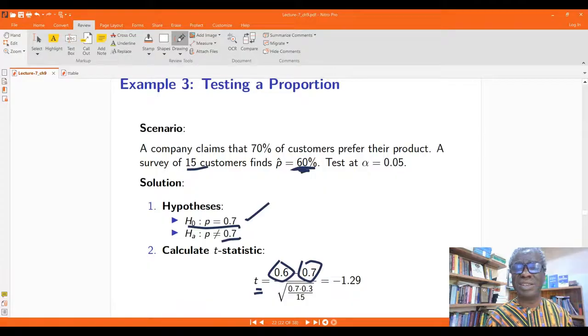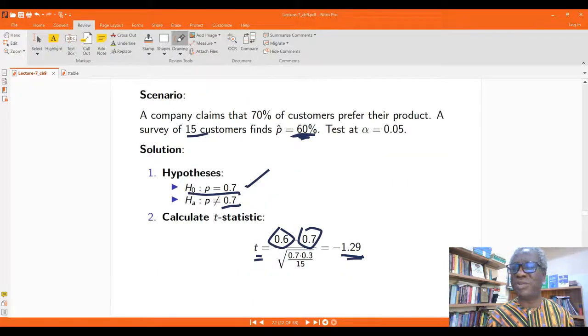So that gives us a t value of minus 1.28.